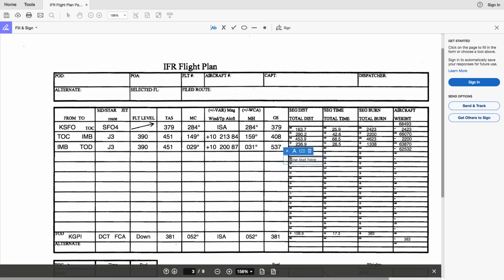Okay. 453 miles total distance, 453.9. Add on our 236.9. That gives us 690.8 total miles so far.